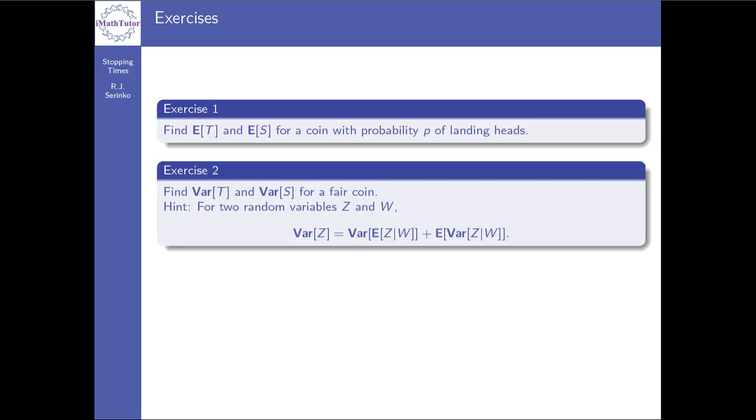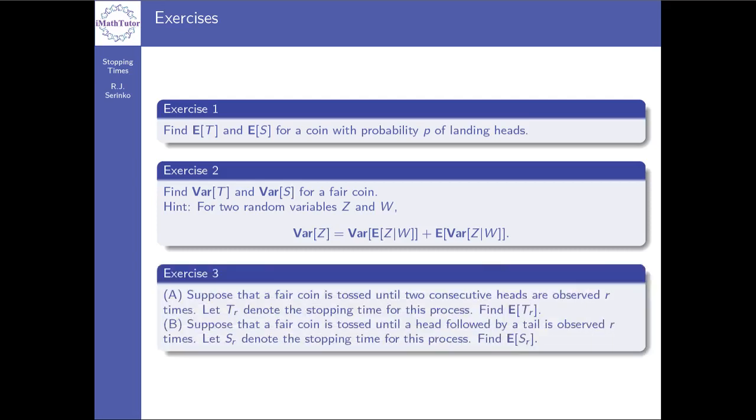Here we have to use another result from probability theory, which states that for any two jointly distributed random variables, Z and W, the variance of Z equals the variance of the conditional expectation of Z given W plus the expected value of the conditional variance of Z given W. So this is going to be a little bit more work, but I think that you should be able to adapt the arguments that we've used to this situation.